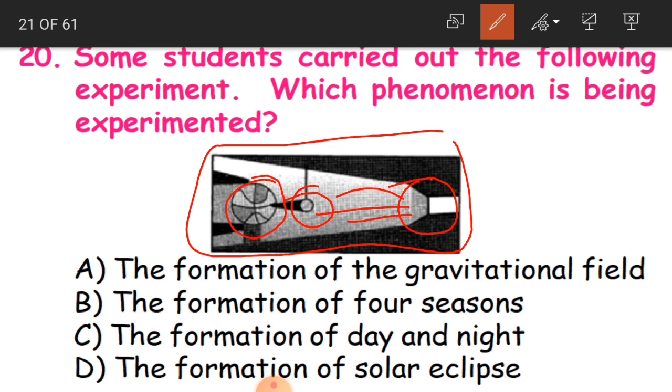In between you can see the moon. What phenomenon are they trying to show?